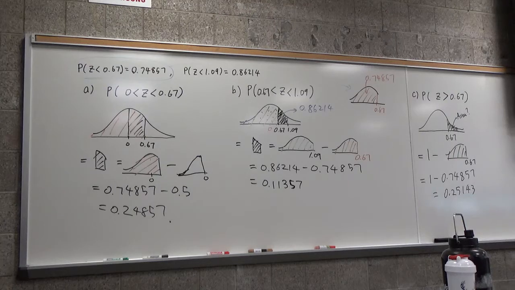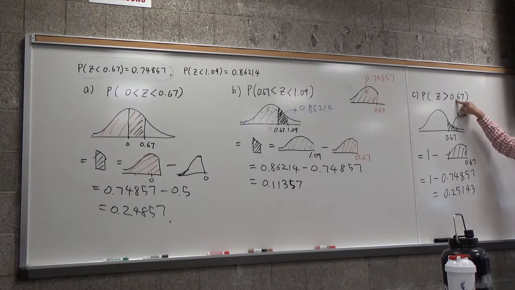Yes. So why, when you have the 1 minus and then the thing with 0.67, is the picture you drew to the left of the 0.67? You're trying to find if Z is larger, so wouldn't it be anything to the right of it? This picture is described by this one.